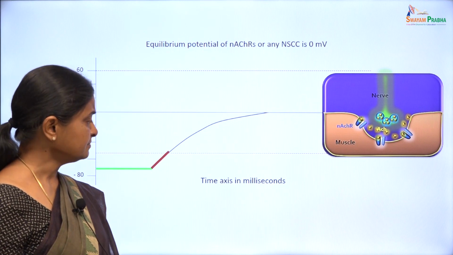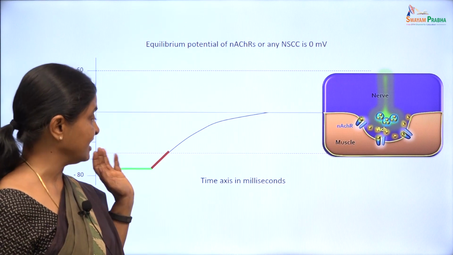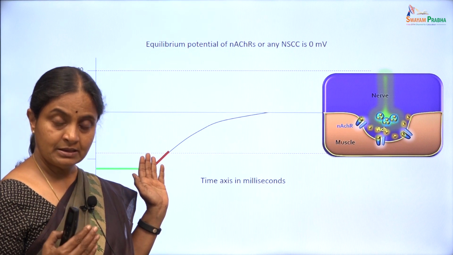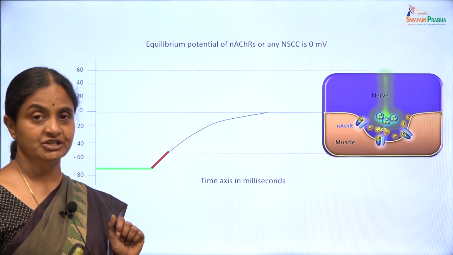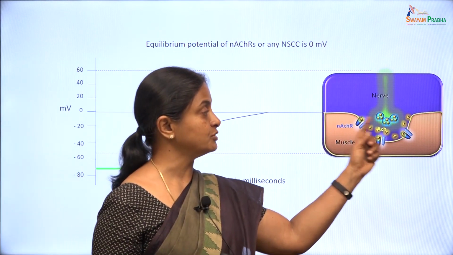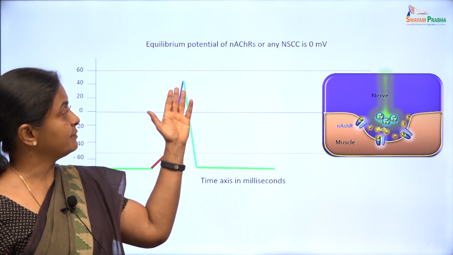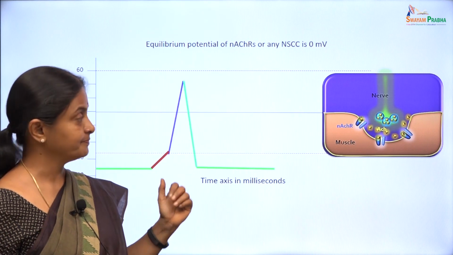However, when the membrane potential reaches minus 55 millivolts, Dr. Vinay has told you that that is the threshold for opening voltage gated sodium channels. There are voltage gated sodium channels on the muscle cell membrane. They will open and take the membrane towards the sodium equilibrium potential, which is a positive potential.